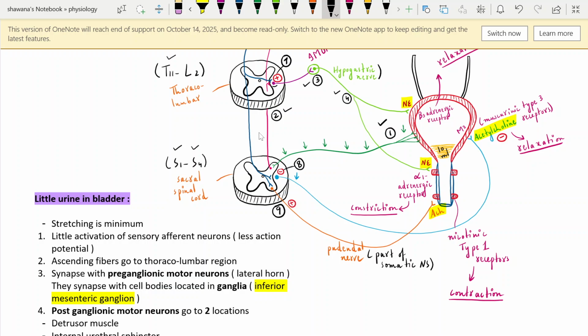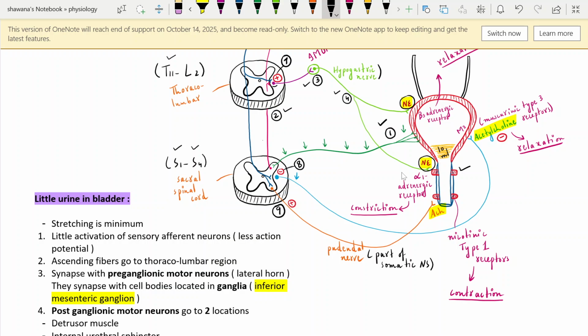And what will they secrete there? The sympathetic neurons, because I have said that this ganglion is a sympathetic ganglion, and these fibers are postganglionic sympathetic motor neurons. They will always secrete norepinephrine, because the sympathetic nervous system is responsible for the secretion of norepinephrine at the target organ.